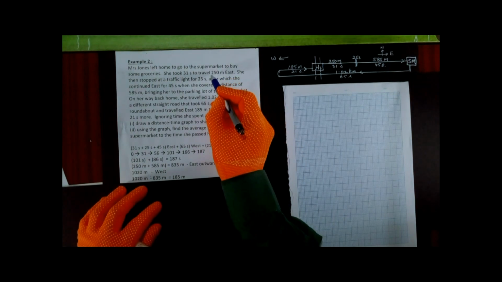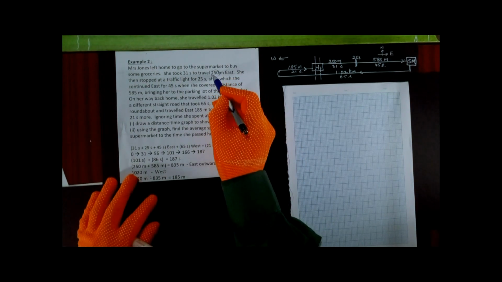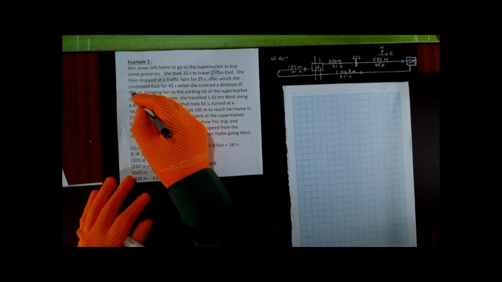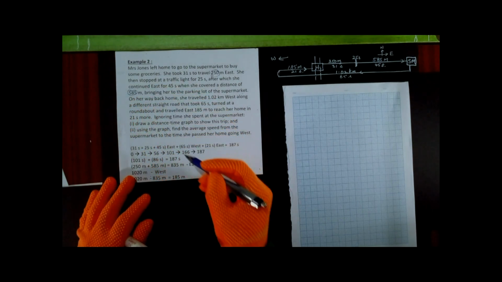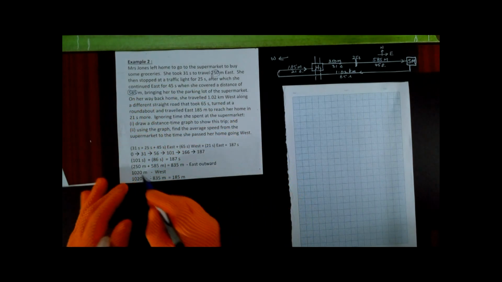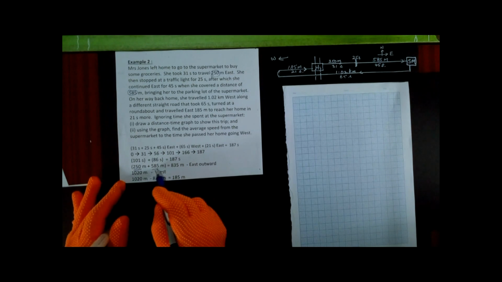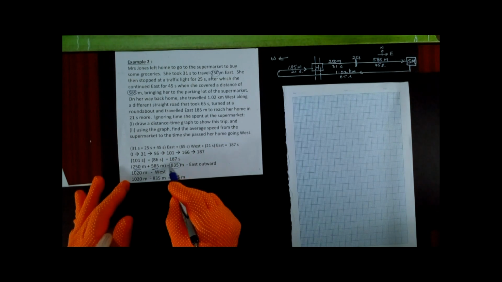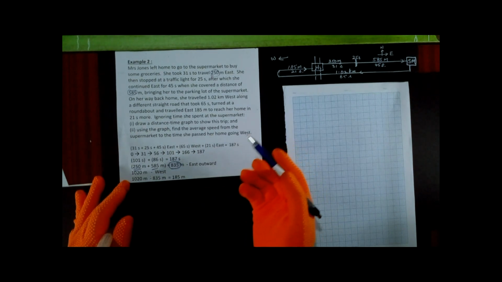We're going 250 meters east, followed by 585 meters still east. That's 250, and that is 835 meters east.